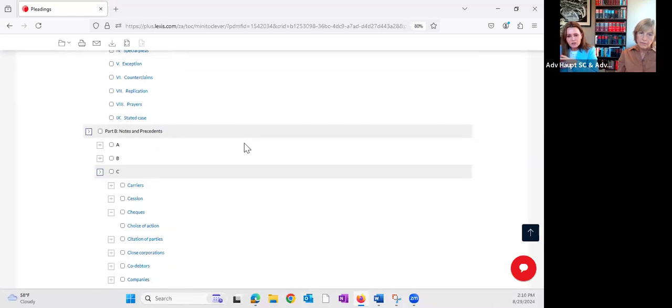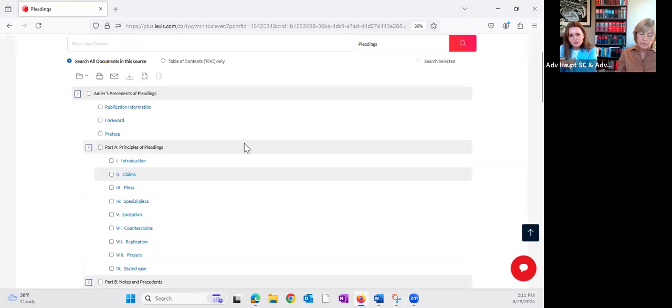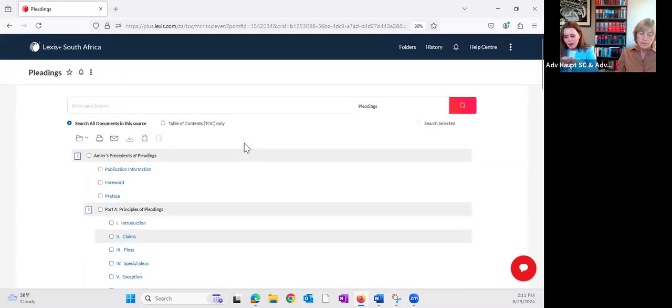In that affidavit, you are going to put in your facta probanda as well as your facta probantia. And that is a big difference between the two processes.